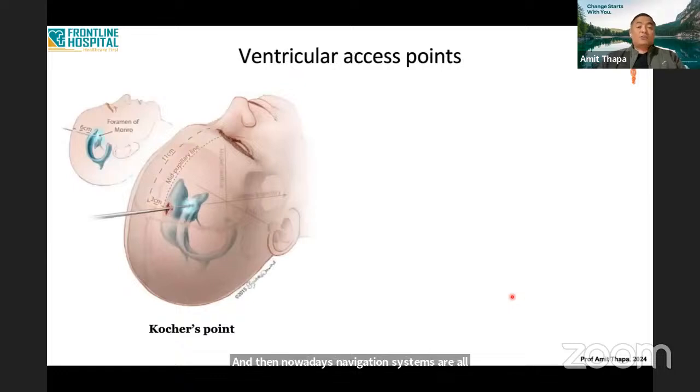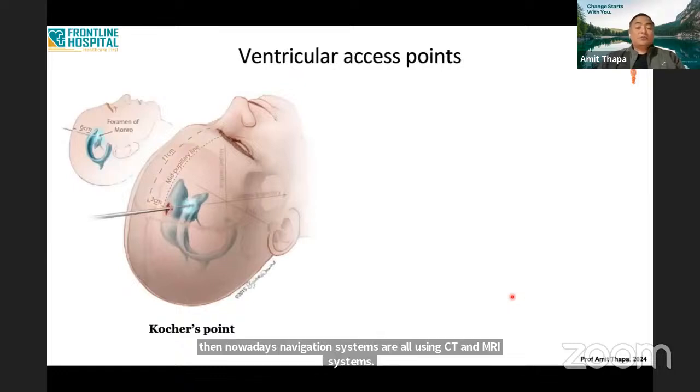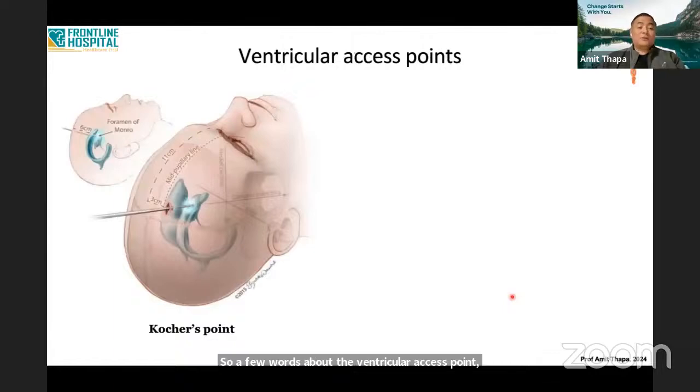A few words about the ventricular access point, because this also uses the craniometric points to hit the ventricle. The most common point which we all use for external ventricular drainage is Kocher's point, which is 3 centimeter lateral to the midline and 1 centimeter anterior to the coronal suture, or 11 centimeter from the nasion.